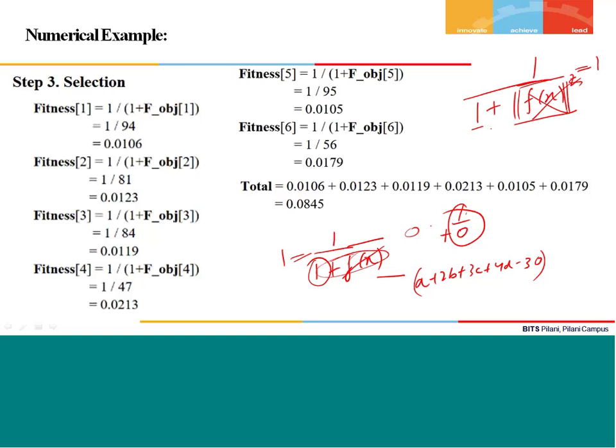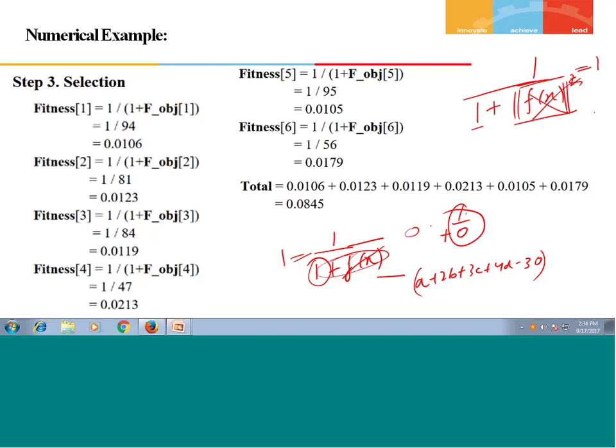If fx is not equal to 0, then my fitness value will always be less than 1, in the fraction part. So my ultimate aim is that fitness is always high for a good hypothesis and always low for a bad hypothesis. That is how I came up with my fitness function. Depending upon your problem, you can come up with different fitness functions. Now you are calculating fitness for each.